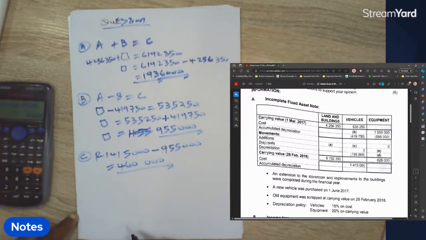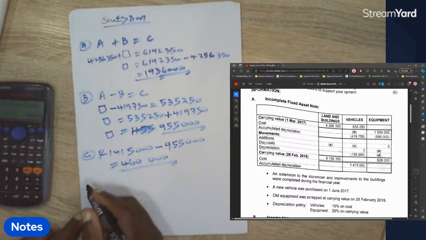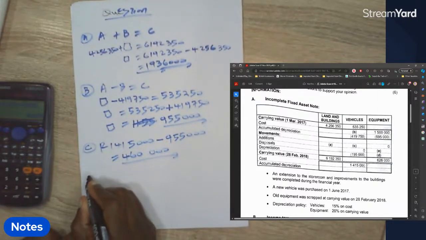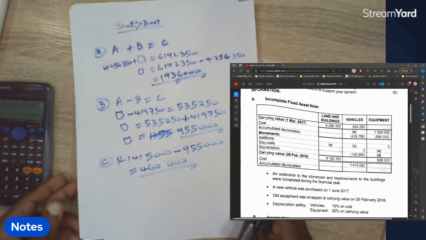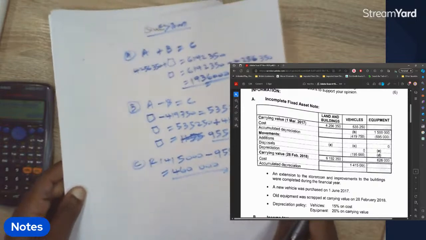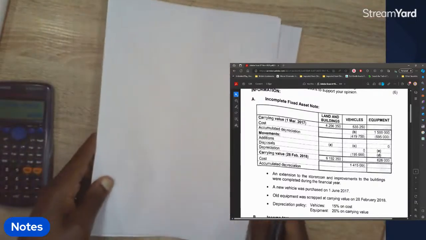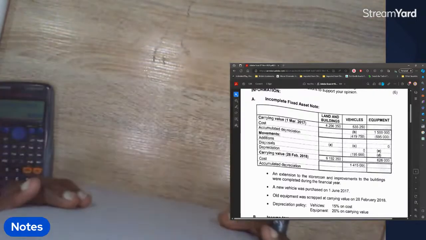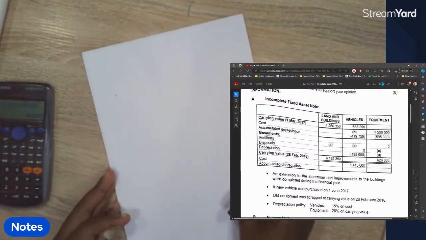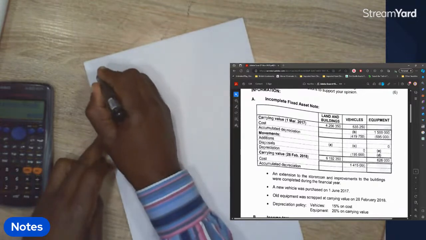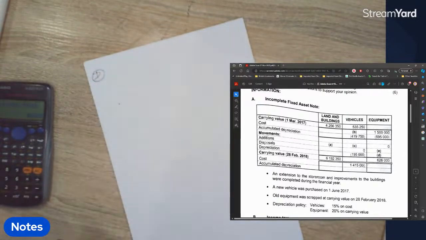Okay, let's go and calculate D now. Let me get another page for D. How do you get D? D is based on equipment. D and E are on equipment. What is D?